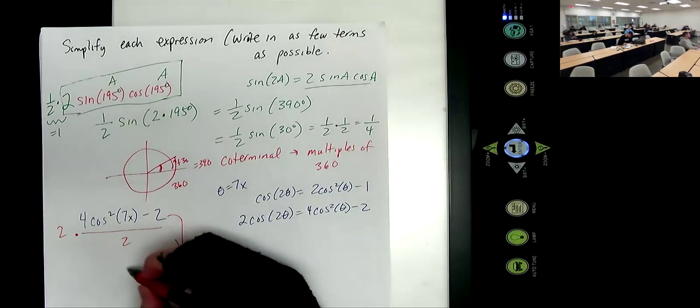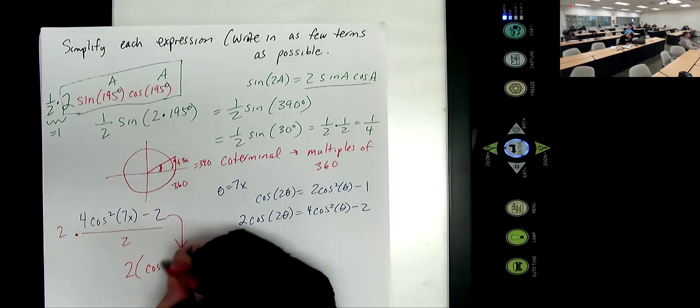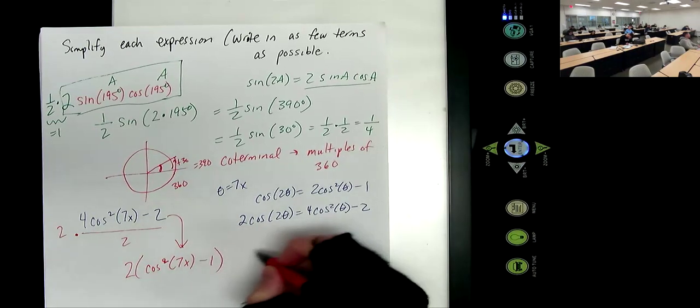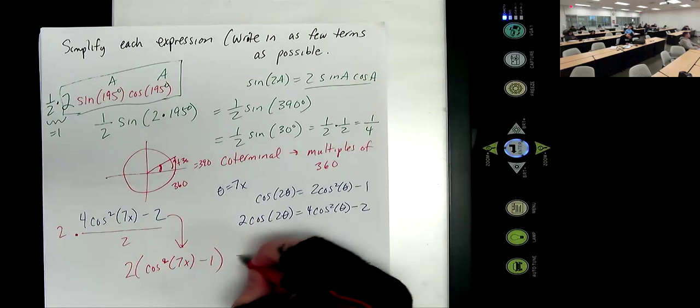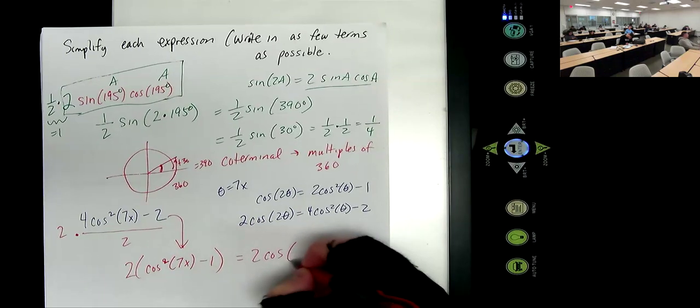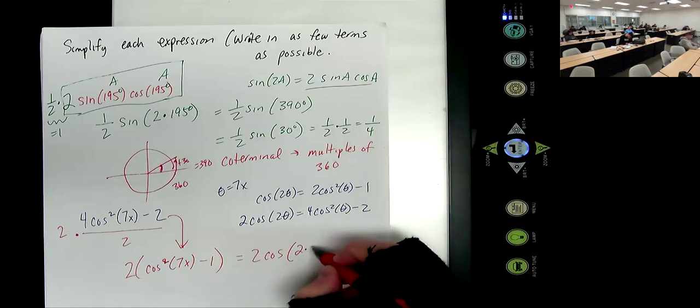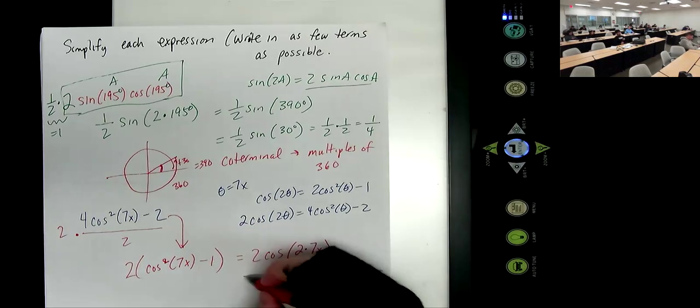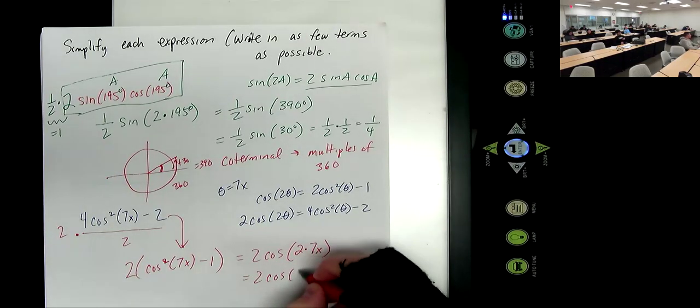Either way, this ends up being 2 times cosine squared 7x minus 1. So this is 2 times cosine, we're going to say 2 times theta, and theta was 7x. So this will be 2 cosine of 14x.